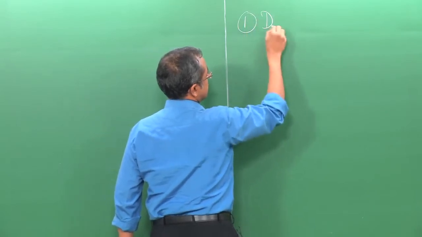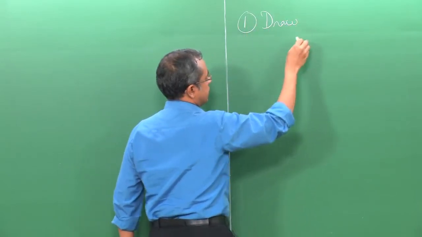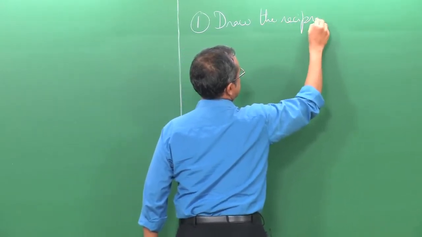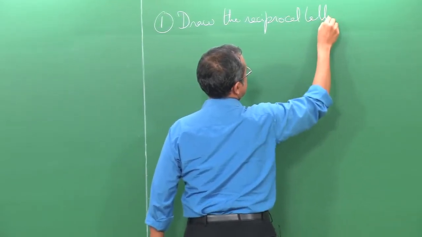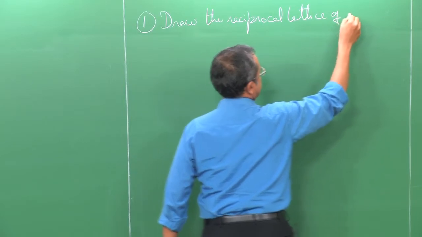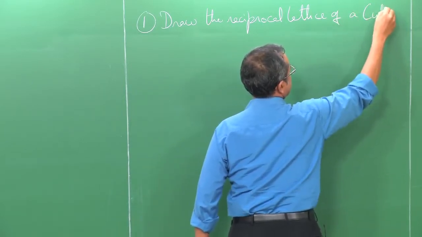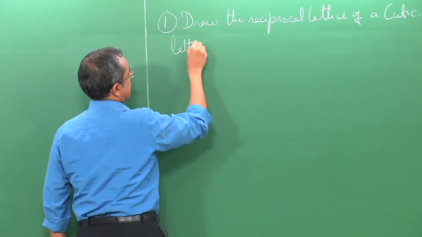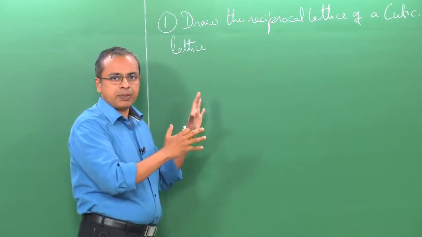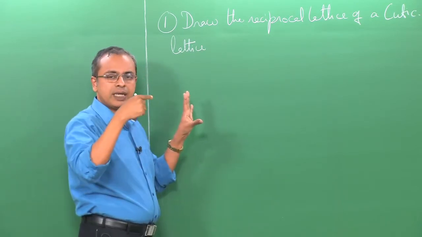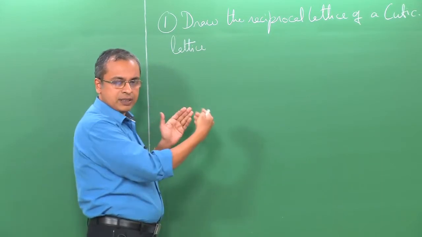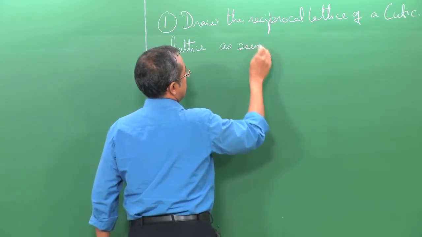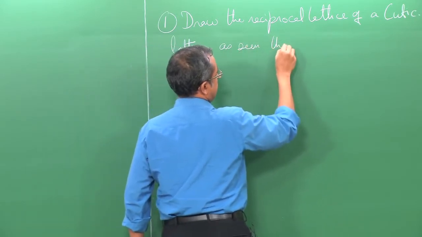We would like to draw the reciprocal lattice of a cubic cell, of a cubic lattice, and we will use a 2-dimensional representation of it, meaning actually it is 3-dimensional, but we are looking at it from the A3 direction, and therefore, you only see the A1 and A2 axis. So, as seen through the A3 axis.